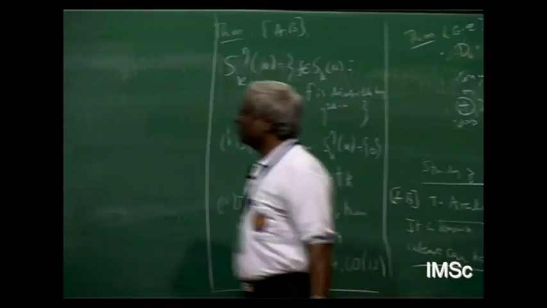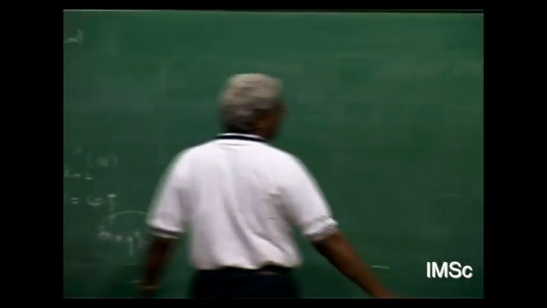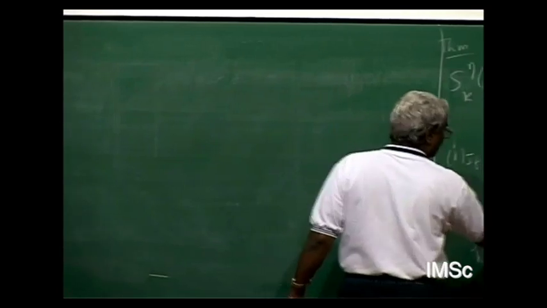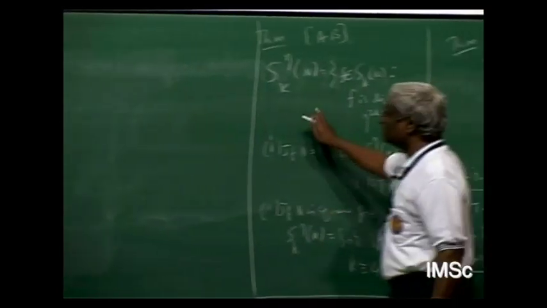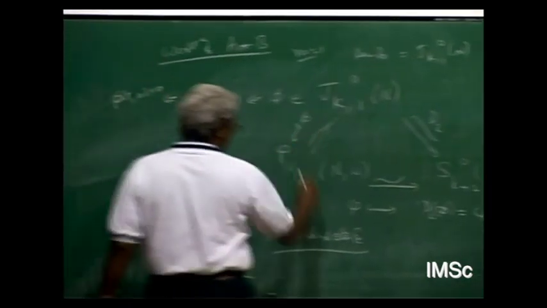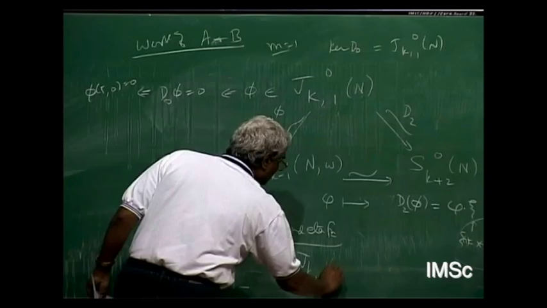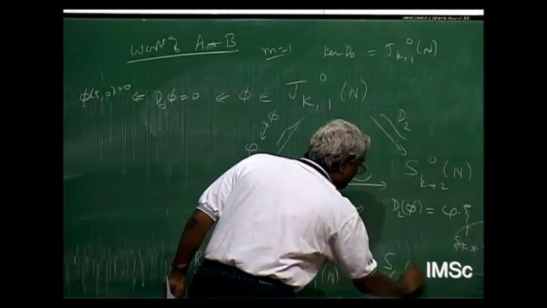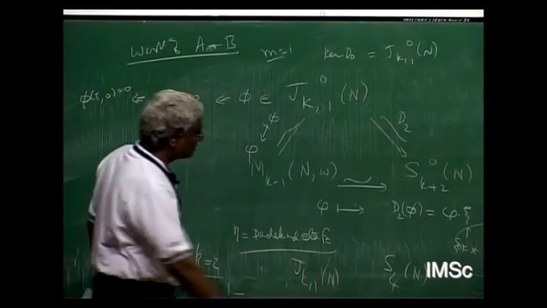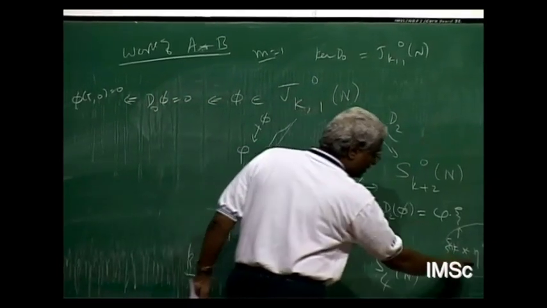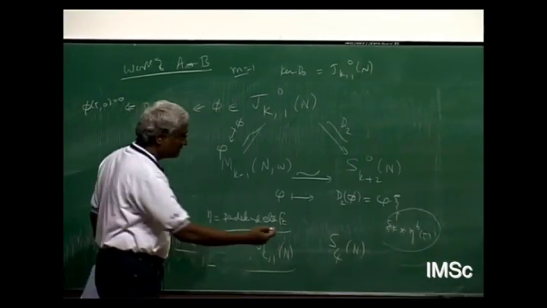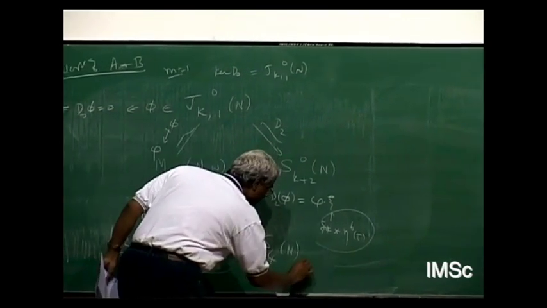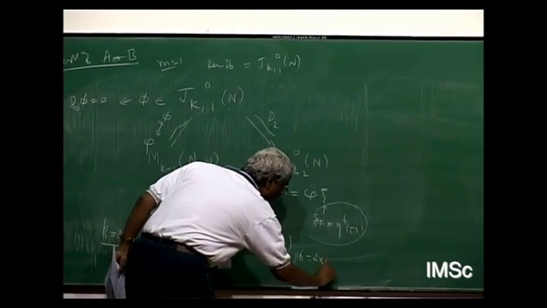So now look at this case. Now when I take k equal to 2, sorry, this k and that k, don't get confused. Now here k equal to 2 is the case. What I have here is J_{k,1}(N) mapping into the space S_4(N), where this form D2 phi is a multiple of eta^6, and 6 is given by 2k minus 2, so 6 is 2 times 4 minus 2.